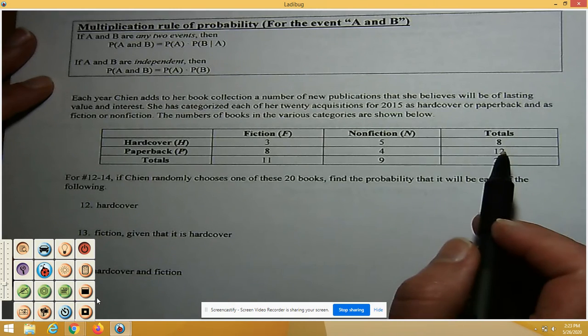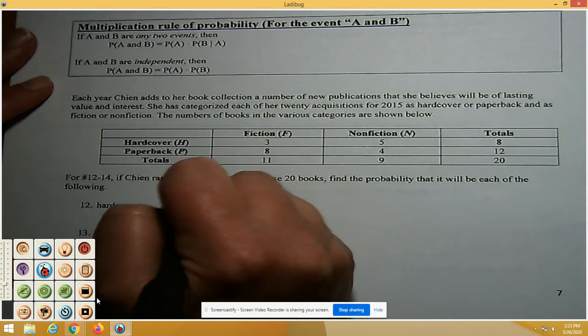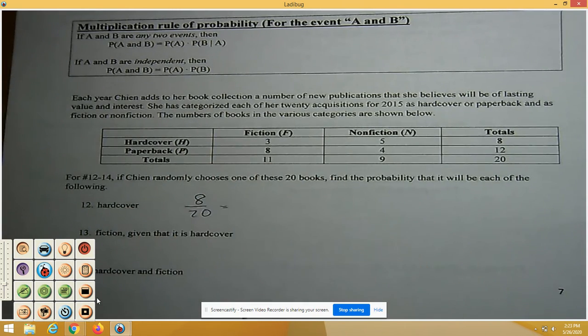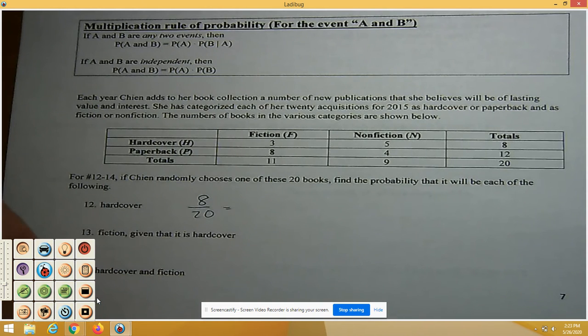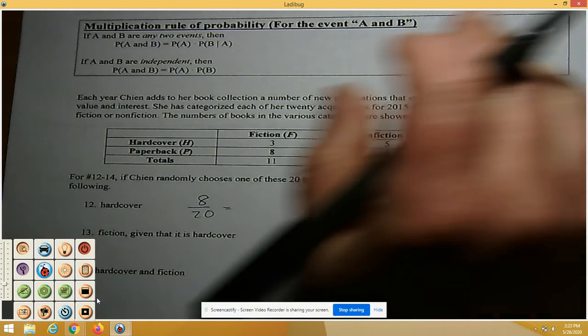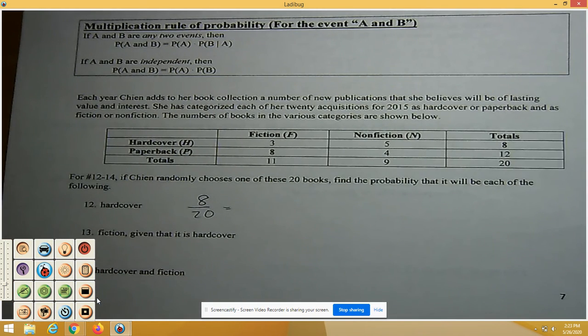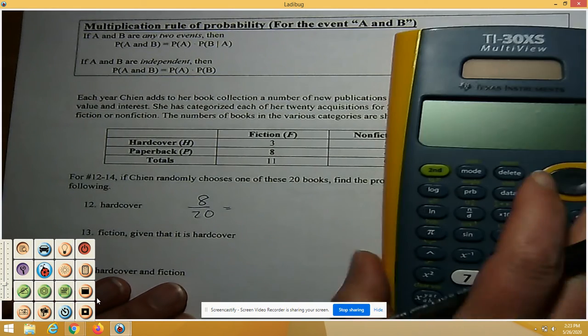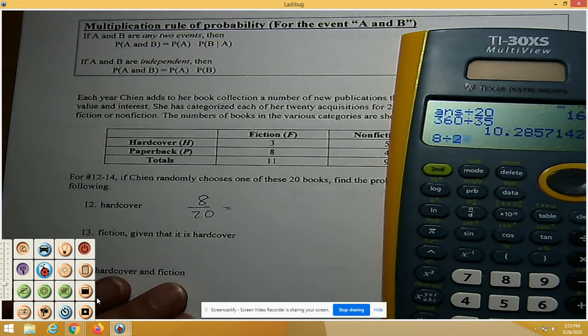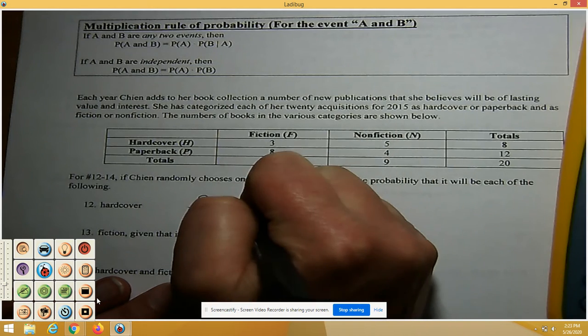All right, well, hardcover is just going to be the 8 out of the 20. 8 out of 20 is 0.4. I should have known that.